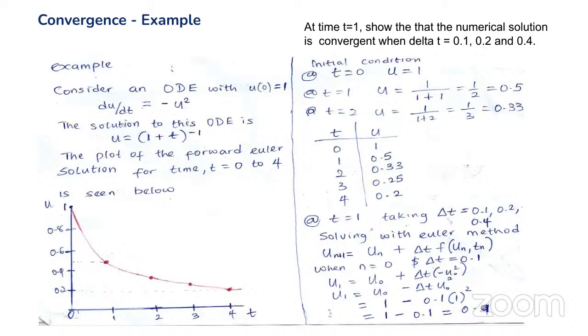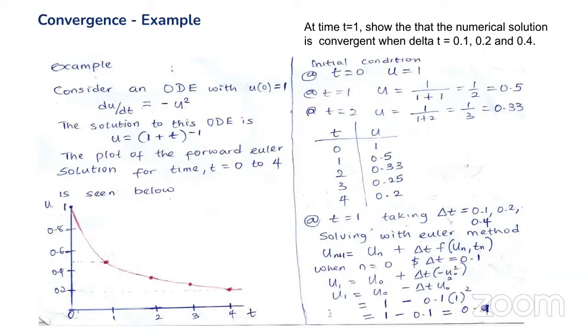So we solve that at t equals 0 and at t equals 1, and we find that u equals 1 over 1 plus 1, which is 0.5. At t equals 2, u equals 1 over 1 plus 2, which is 0.33, and at t equals 3, u equals 1 over 1 plus 3 equals 0.25. The table that we use to get the curve is shown below, and when you plot that you get something like that.